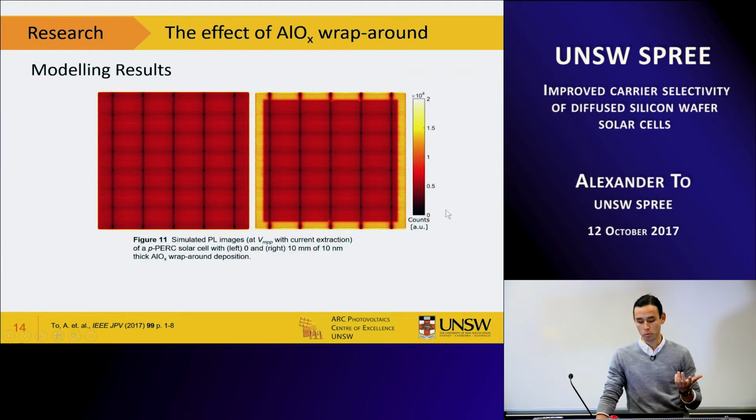We ran that in the simulation, and this is one of the results. This is a simulated PL image with current extraction, and you can see the higher series resistance image on the right, where we have imposed that non-uniformity. The image on the left is simply no wraparound, to show what you would expect otherwise.